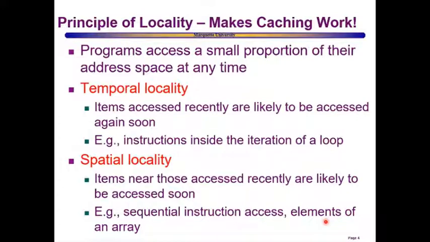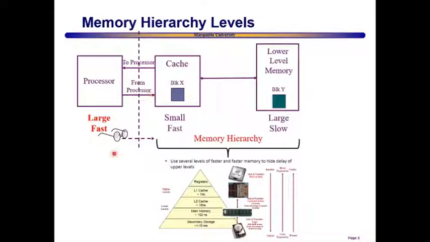So it is this principle of locality that is being exploited by the caching concept that creates once again the illusion to the processor that it works with a very large memory address space, but at a very fast speed.